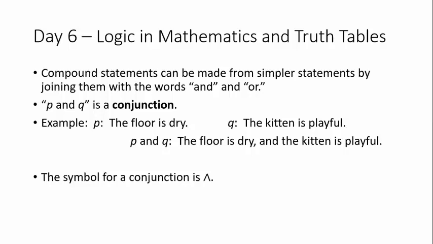Statement Q will be, the kitten is playful. Forming the conjunction P and Q, we have, the floor is dry and the kitten is playful. You are simply joining your statements with the word and. The symbol for conjunction looks like an upside down V. We will be using this symbol when we create our truth tables.